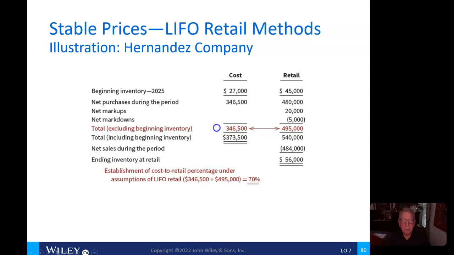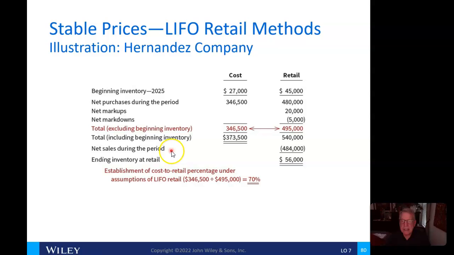Now, on the retail side, we apply the net markups and the net markdowns, and that is 495,000. So the total beginning inventory then is going to be 373,000, the 346,000 plus the 27,000, and the total retail would be 495,000 plus the 45,000 in beginning inventory.